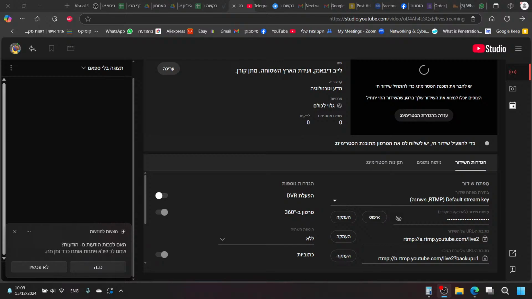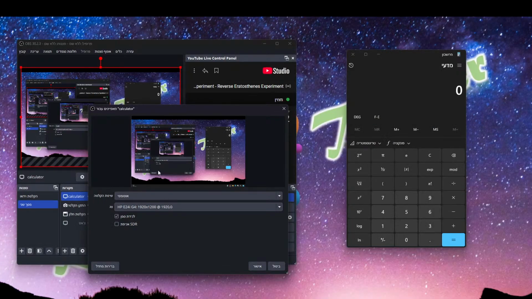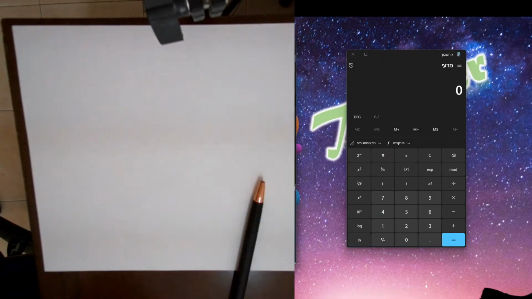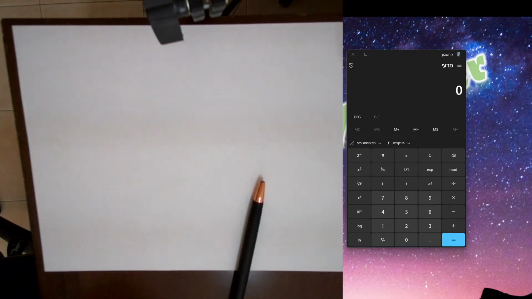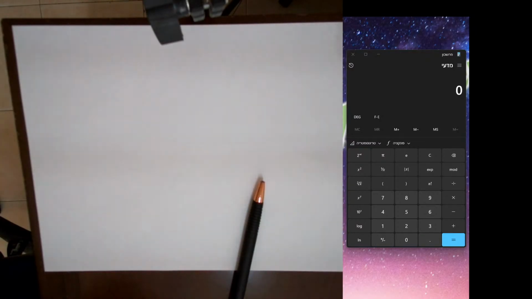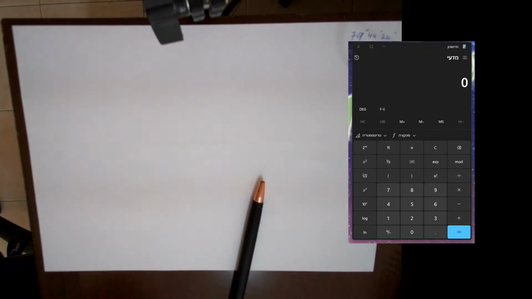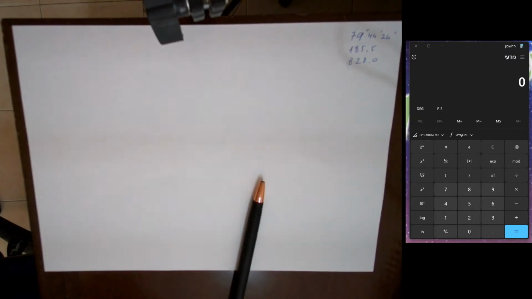The Hebrew word on it says madai, which means scientific.